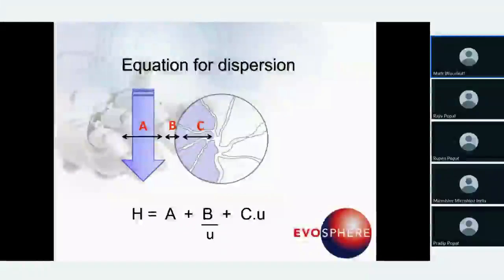There are 3 components to dispersion. One is how long does your analyte spend in the mobile phase, term A? Can your analyte pass into the pore structure, so term B? And how long does your analyte spend within the pore structure, so the term C?